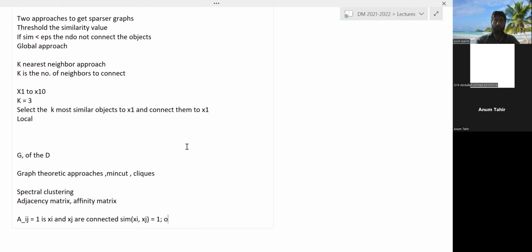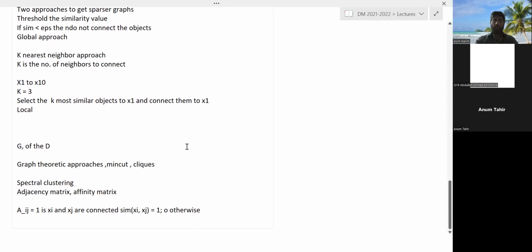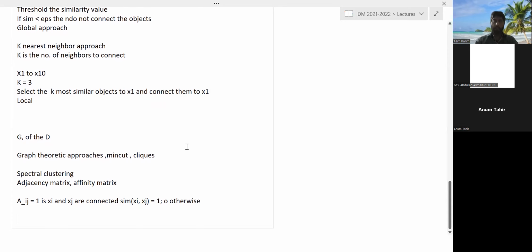And of course, 0 otherwise, meaning that if the similarity is not 1, then they are not connected, and the value would be 0 in the adjacency matrix. Affinity matrix, of course, is actual similarity. Okay.